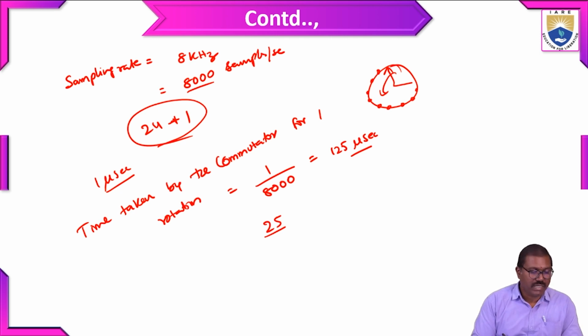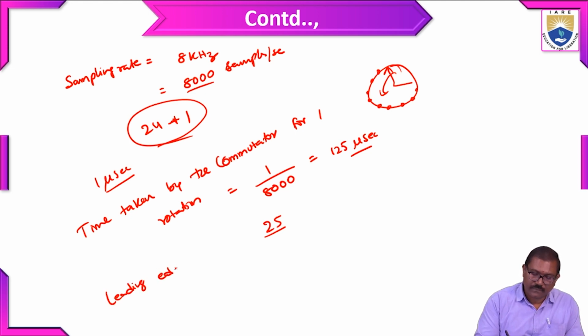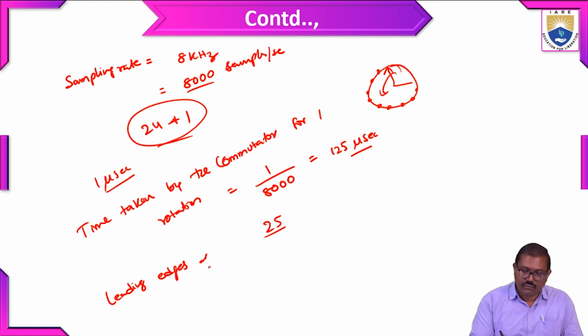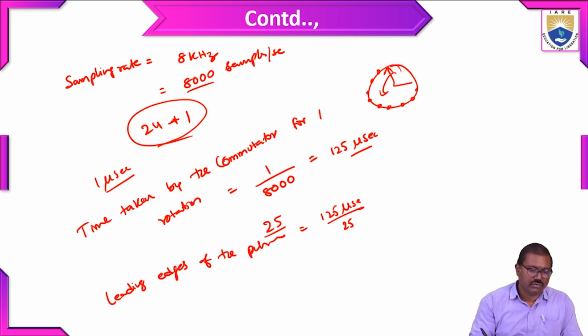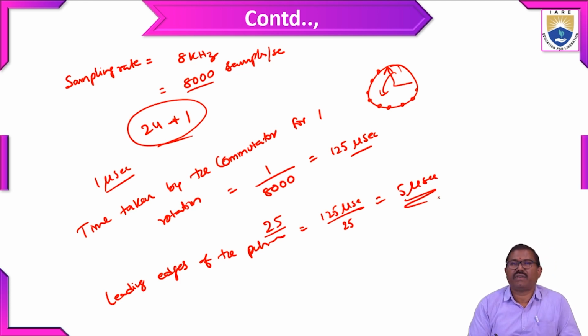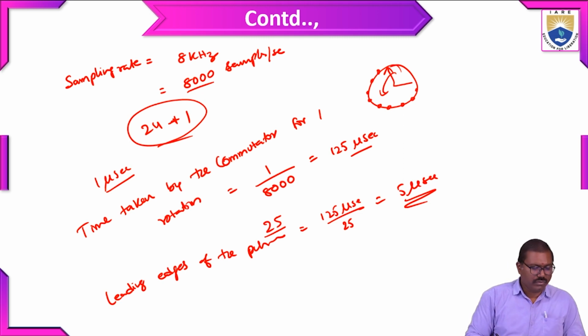And the leading edges of the pulses are 125 microsecond divided by 25 channels. Why? 24 voice channels plus 1 synchronized channel, so 25. So totally we got 5 microseconds. So this is the spacing of the leading edges of the pulses, 5 microsecond.